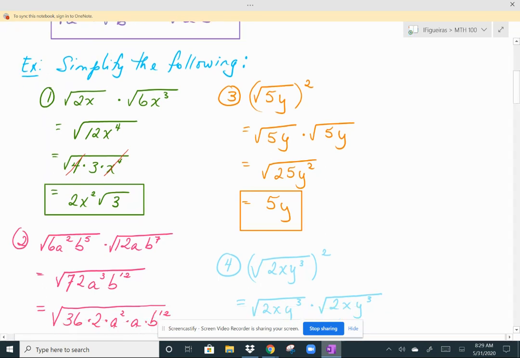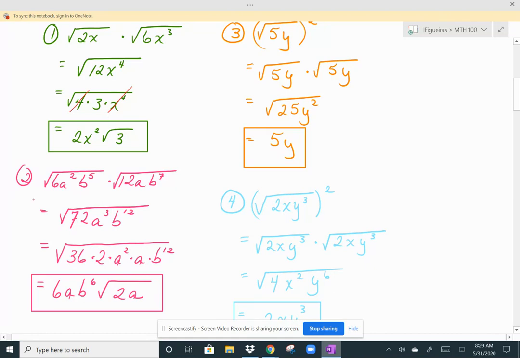Okay, so here's another one. We have the square root of 6a squared b to the fifth times the square root of 12a b to the seventh. So again, using the product rule, I'm going to multiply the two radicands. 6 times 12 gives me 72, a squared times a gives me a to the third, and b to the fifth and b to the seventh gives me b to the 12th.